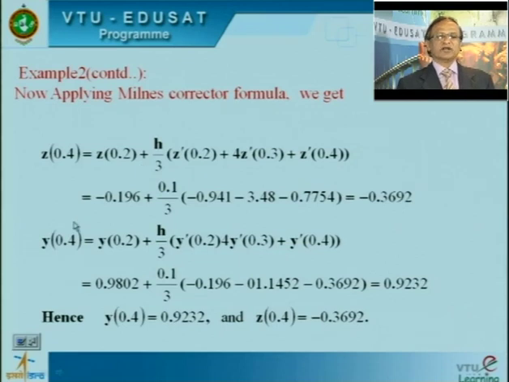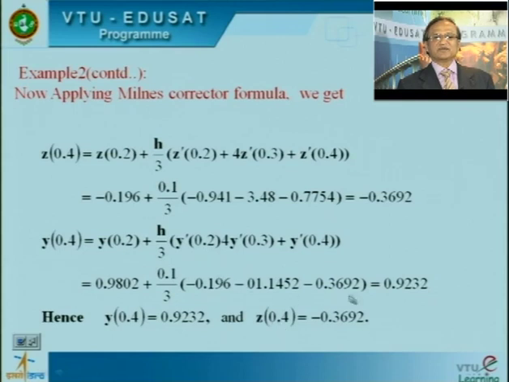0.3692. Corresponding to y, the corrector formula is y at 0.2 plus h by 3 into y single prime 0.2, 4 times y single prime 0.3 plus y single prime 0.4. Here I should write plus sign or minus sign according to the formula. Then you can simplify.